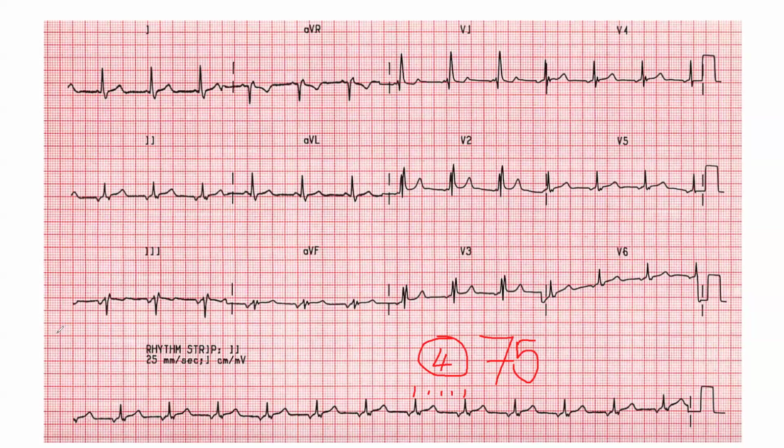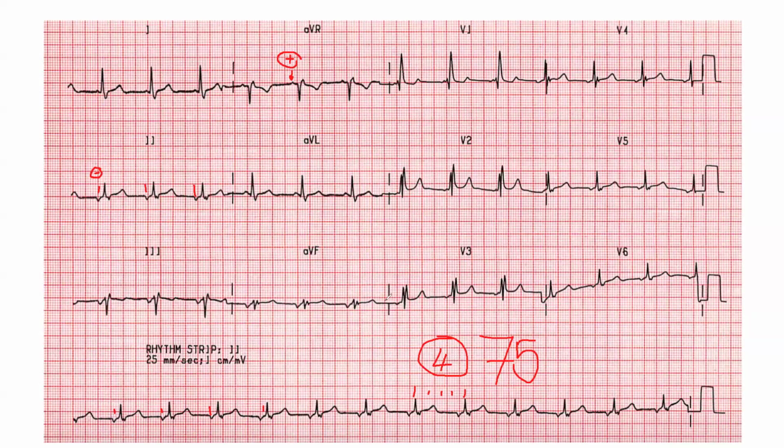Do we have P waves? No, they are absent. But we do have P waves, they're small. But what is the problem with this P wave? It's not related to the QRS. It's related to the QRS, but exactly the opposite. You do see negative P wave in lead 2 and positive in AVR.